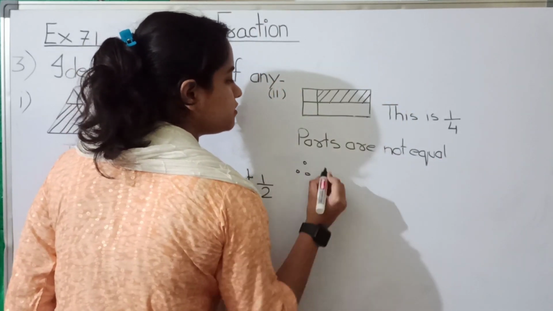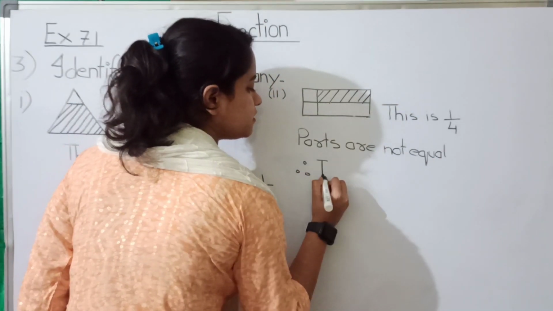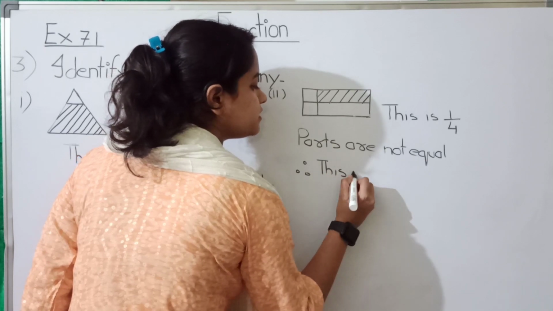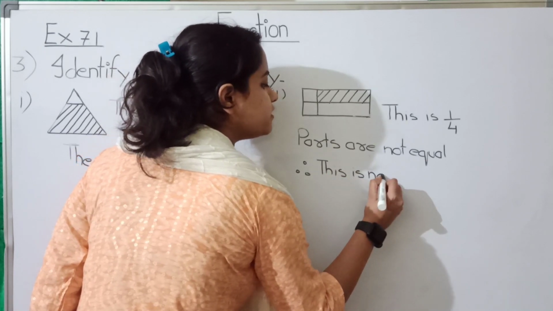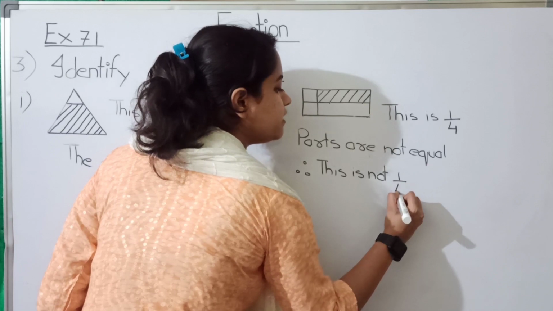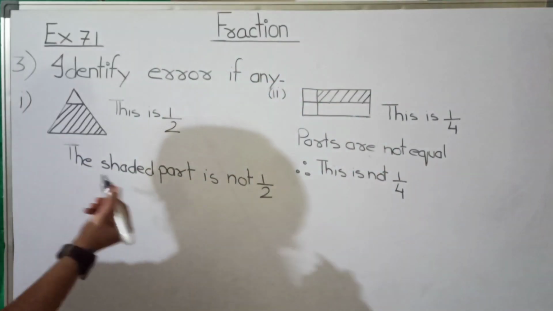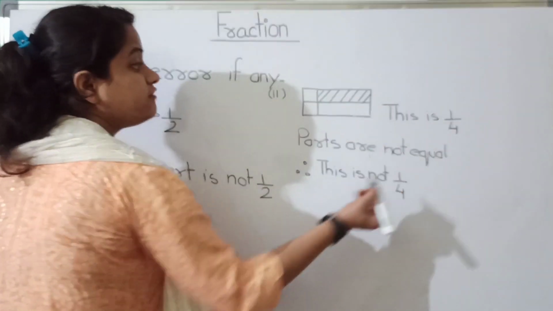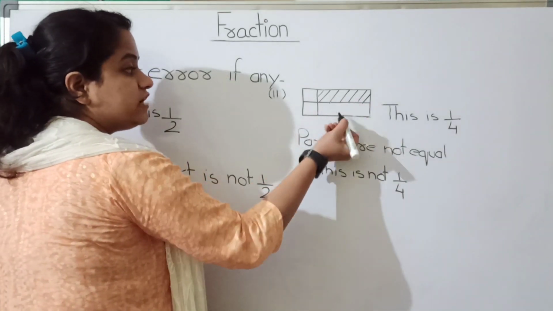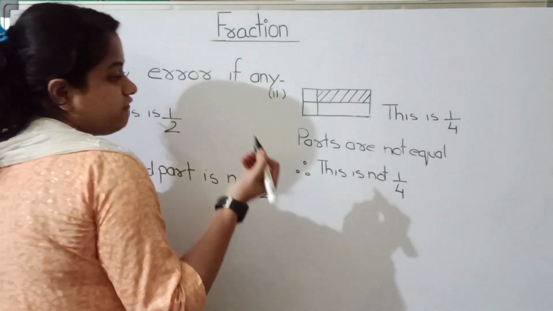Therefore, this is not 1 by 4. इसीलिए ये क्या है? 1 by 4 नहीं है. 1 by 4 तब होता अगर ये पार्ट्स इक्वली डिवाइड होते, तो ये 1 by 4 होता.